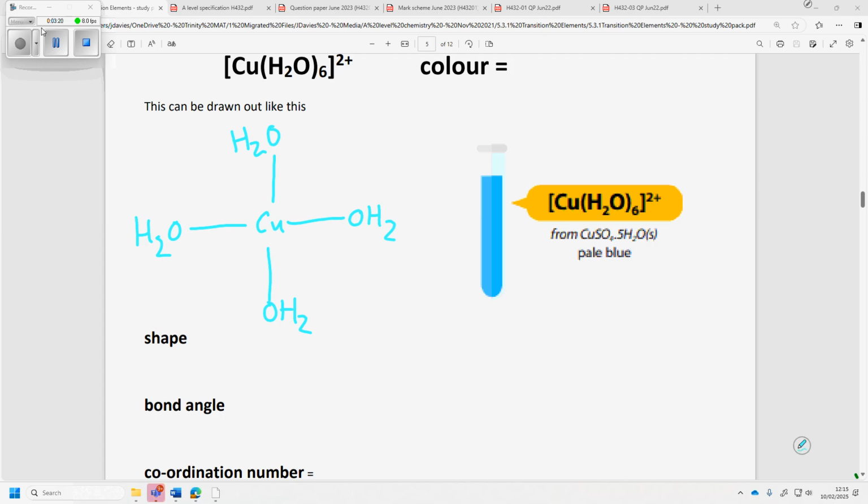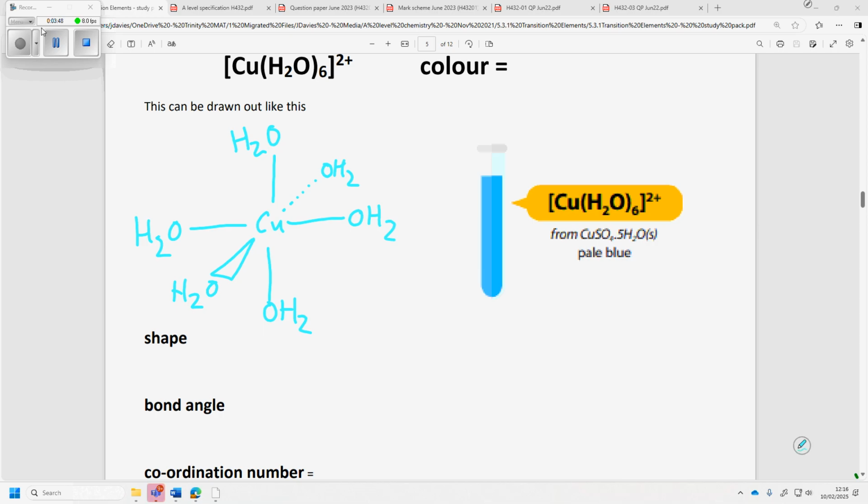The oxygen is at the end of the dative covalent bond. I've also got a water molecule sticking directly out of the page, and another one going into the page. So there are 6 water molecules, hexa-aqua, surrounding our central copper ion.